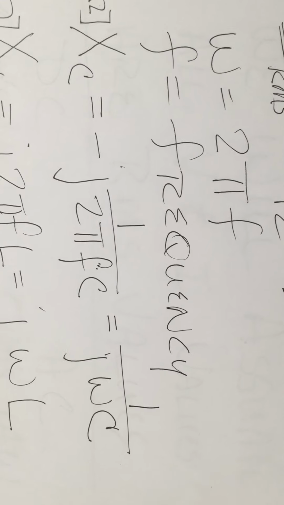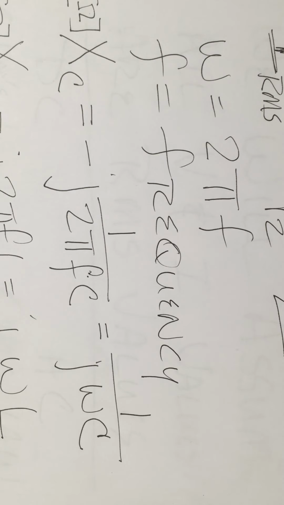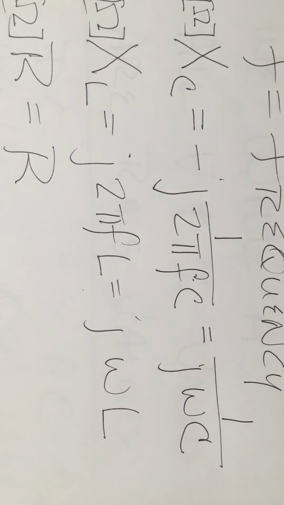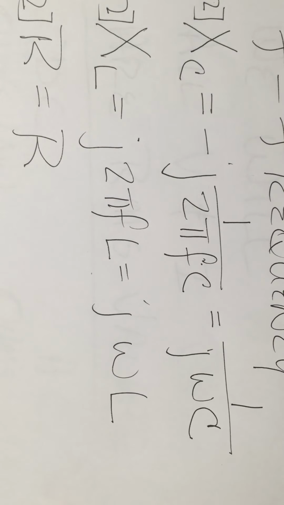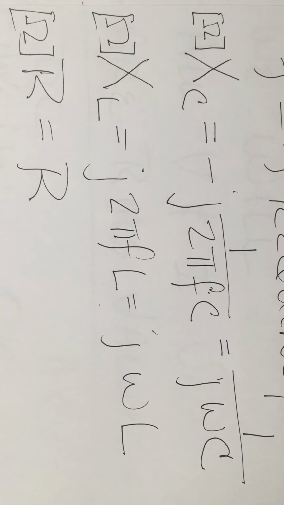Okay, once again, omega is 2 pi f. f is the frequency. The resistors are already in ohms, but we're changing the inductors and capacitors into imaginary values.